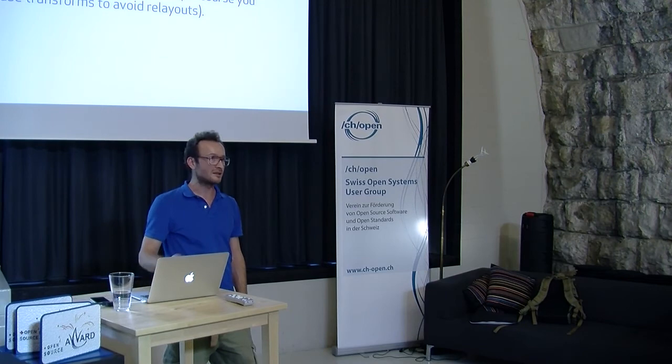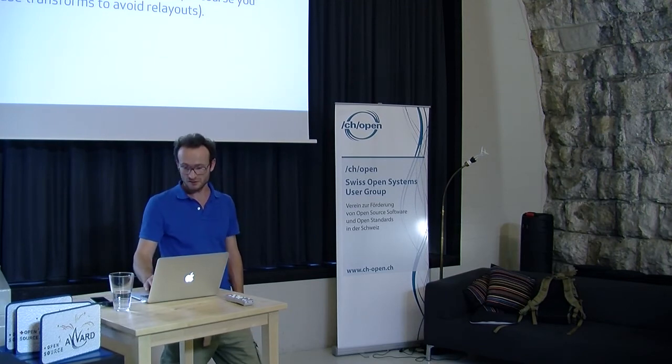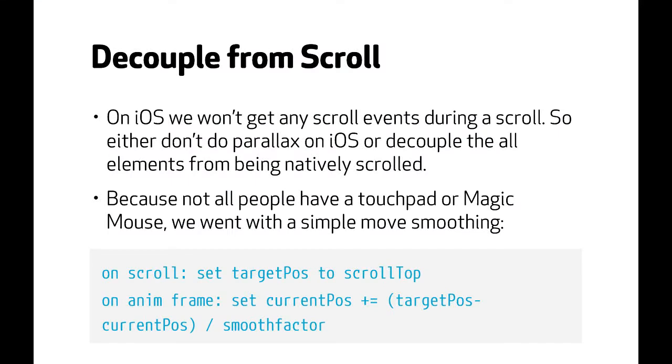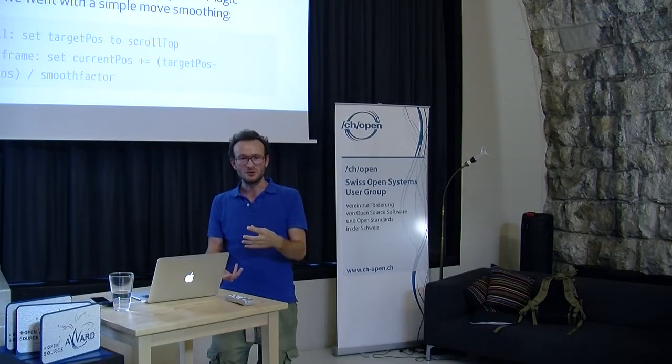And it's quite fast if you use transforms and stuff. That's a small one: you often see these parallax sites where they have everything in one scroll event handler and do everything from there. It's really a bad idea, because then you're not able to do other stuff.